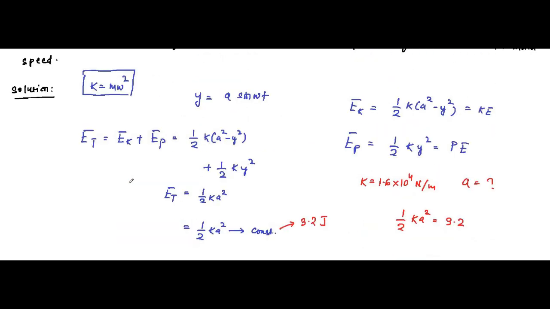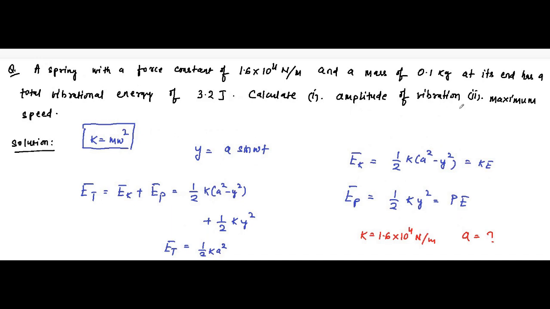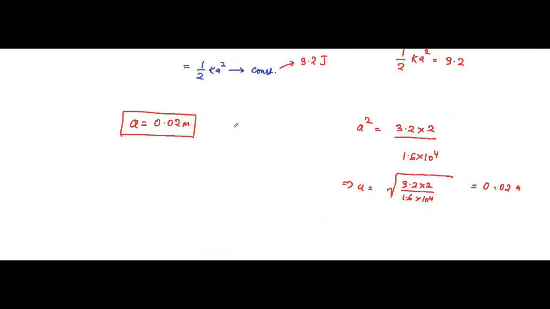Then it has been asked to calculate the maximum speed. The maximum speed in SHM is given by ωA, where ω is the angular frequency, and we know that this angular frequency ω is equal to the square root of k by m.